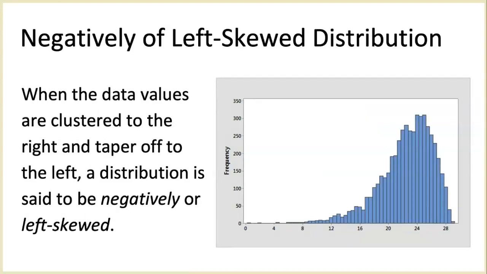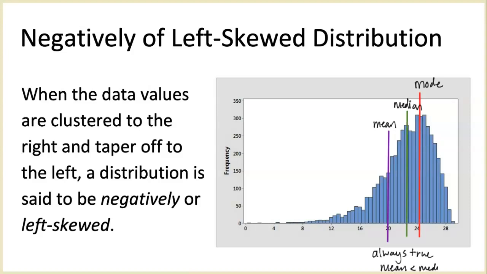For a distribution that's negatively skewed, the mean is actually a lower value than the median, always. And the mode, typically, if we don't have access to the data, if all we have is the histogram, we generally look at the mode being in whatever the highest bar is.